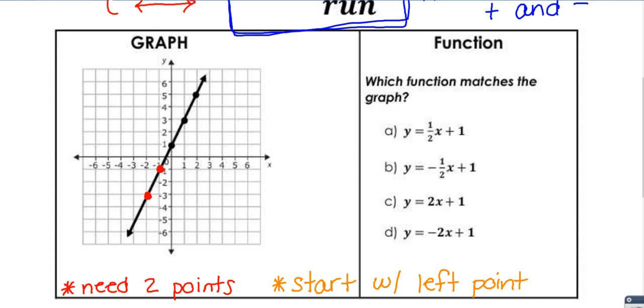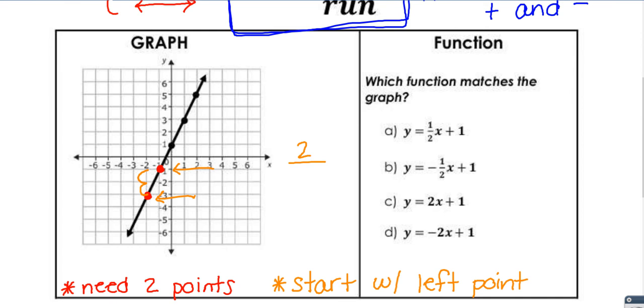So I need to rise from this first point to the second one. And what I mean by that is we just need to get on the same line as the second point. So from here, I'm going to go up 1, 2 times to be on the same line. So that is my rise, and I write that at the top of my fraction.